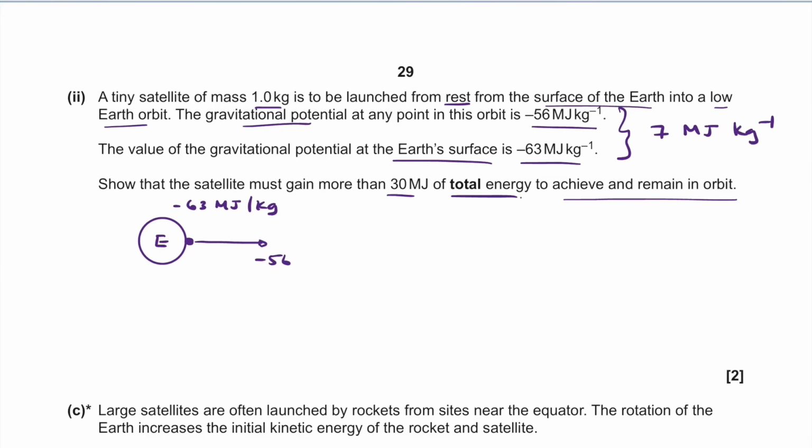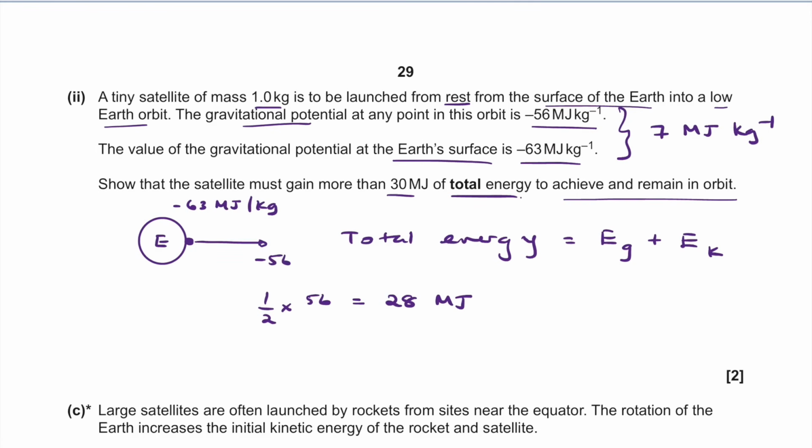Then we look at the total energy, which is equal to the gravitational potential energy plus the kinetic energy. Kinetic energy is half the magnitude of the gravitational potential energy, so half of 56 is going to be 28 megajoules. I'm ignoring the per kilo because the mass is 1 kilo, so you times it by 1 and just get the same number.